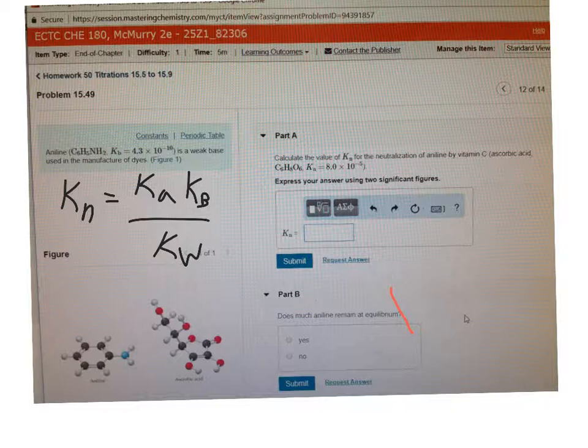Why is the equilibrium constant for the neutralization of a weak acid with a weak base equal to Ka times Kb divided by Kw? Well, to answer that question, the first thing we've got to do is write a neutralization reaction.